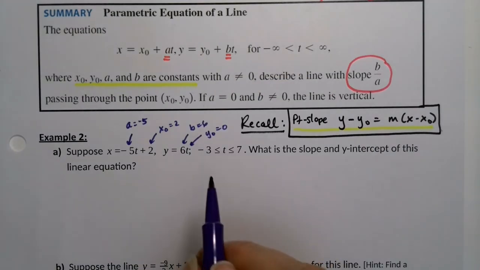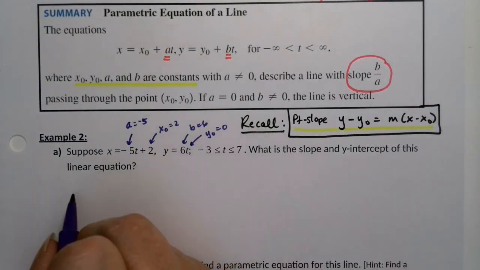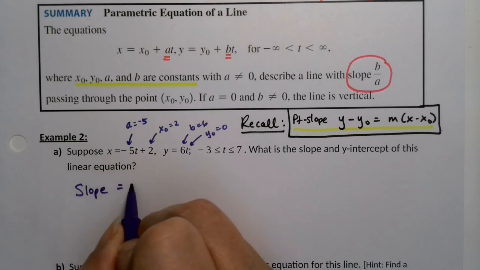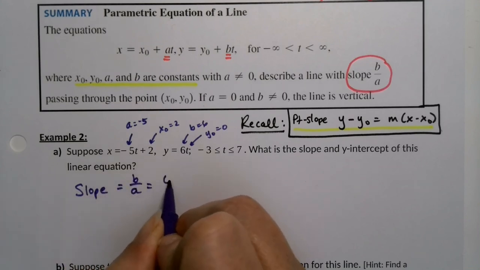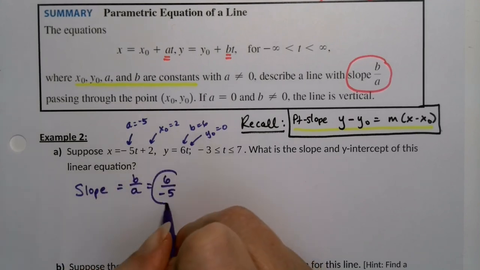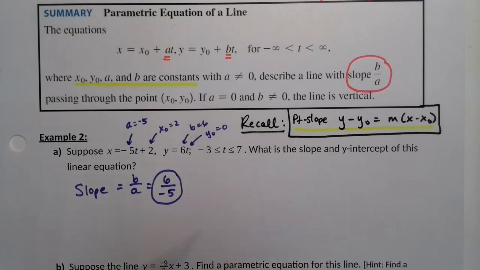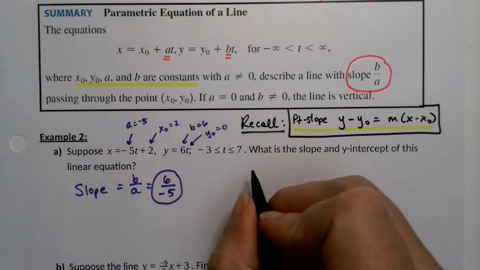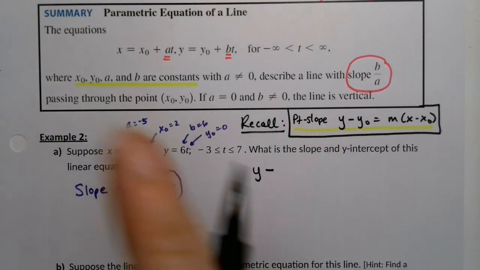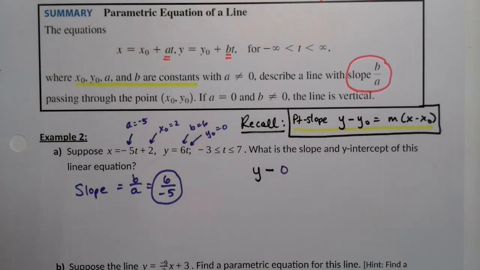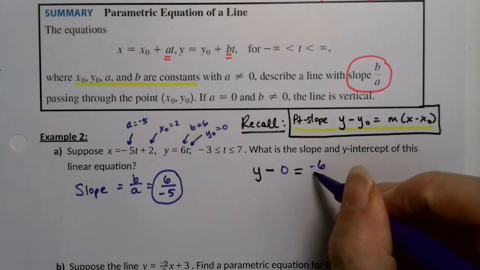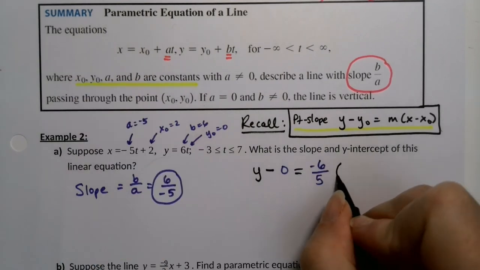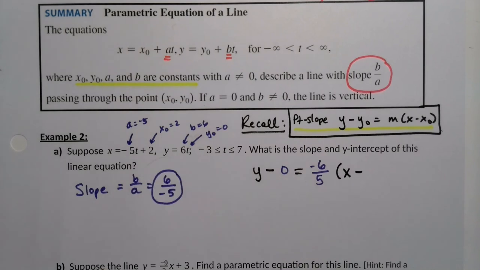All right, so then I know the slope of this equation is b over a, which is 6 over negative 5. That is the slope, period. The y-intercept, I can do that a couple ways, but one thing I can do is use the equation here and say y minus y0, which was 0, equals negative 6 over 5 times x minus x0, which is 2.